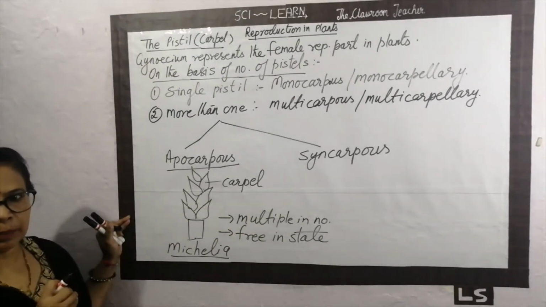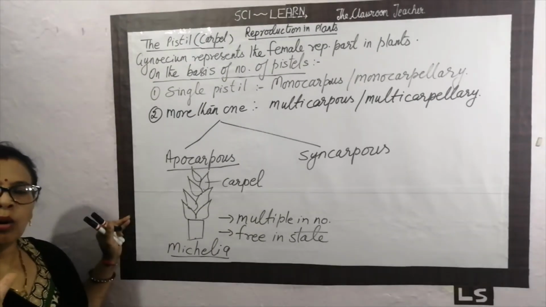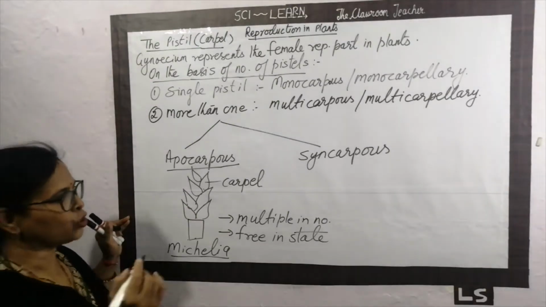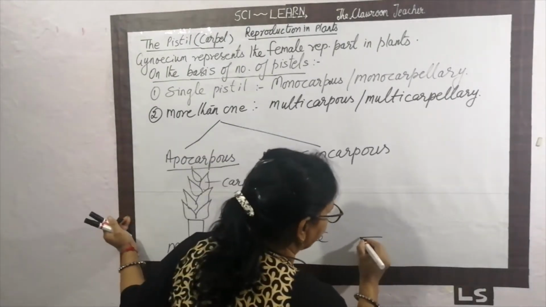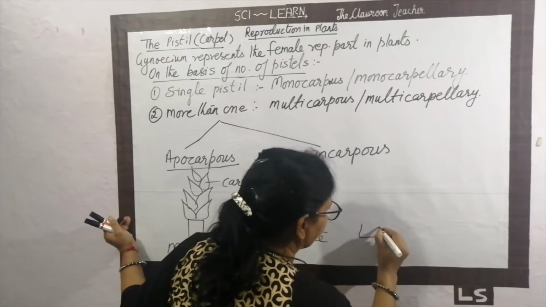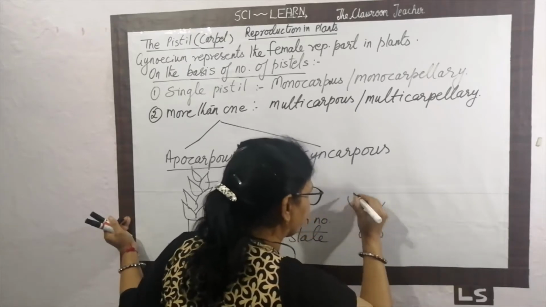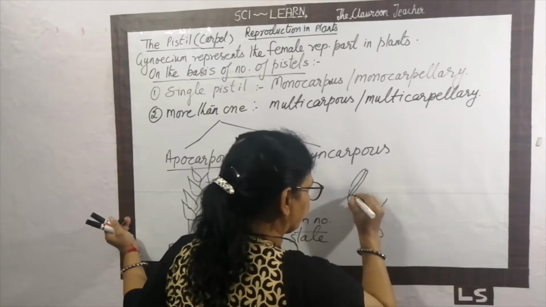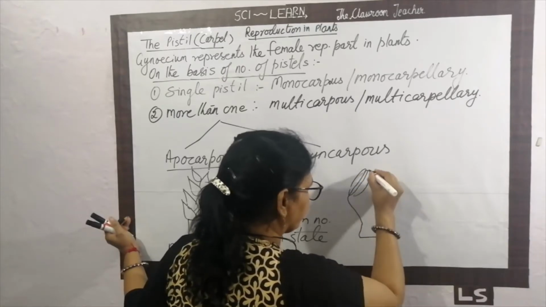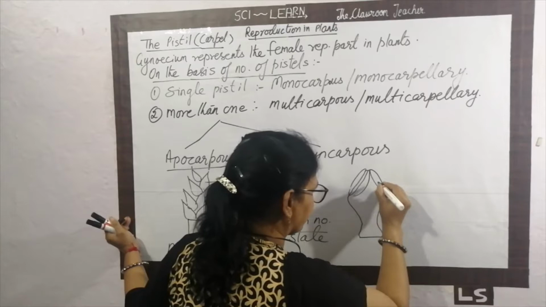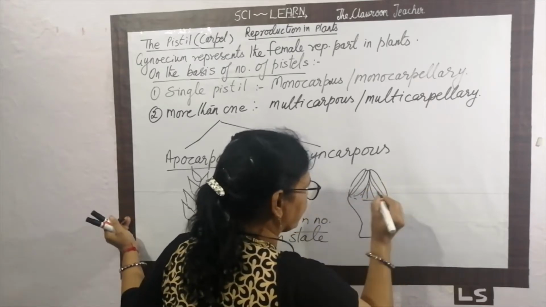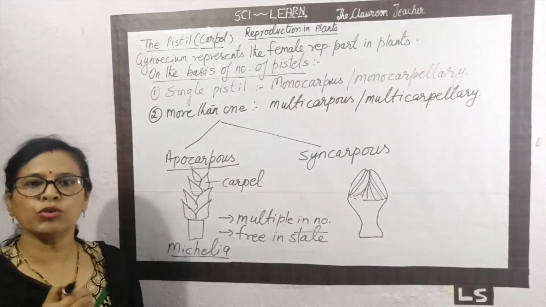What is syncarpous? Syncarpous is where all the carpels combine together. All the carpels are joined together. All these are fused together.